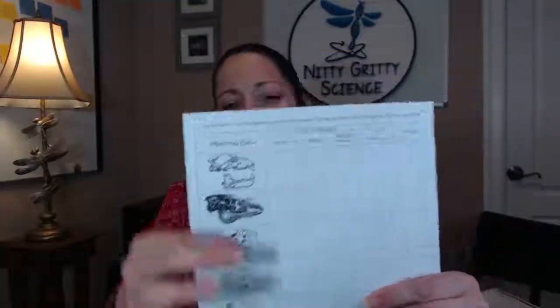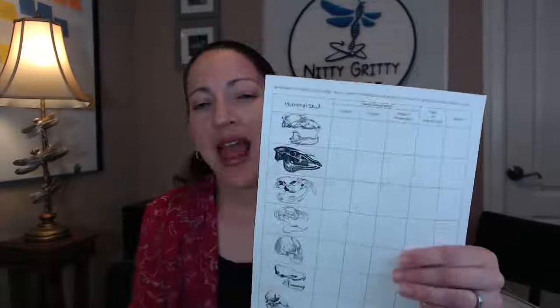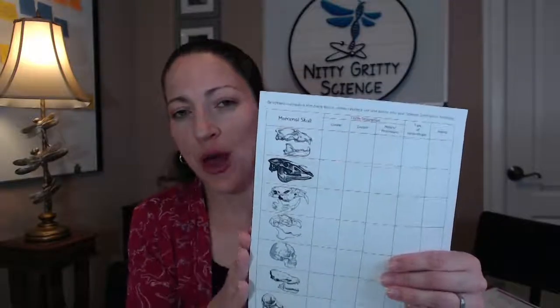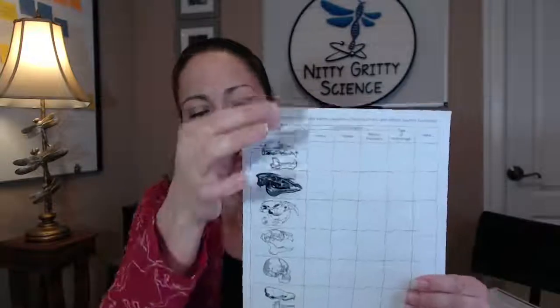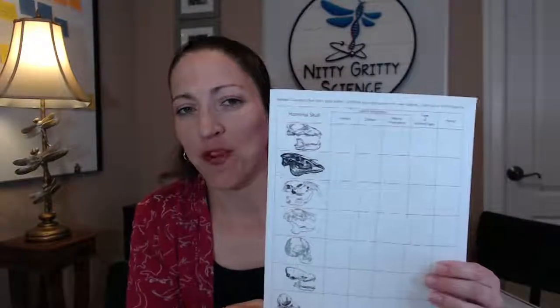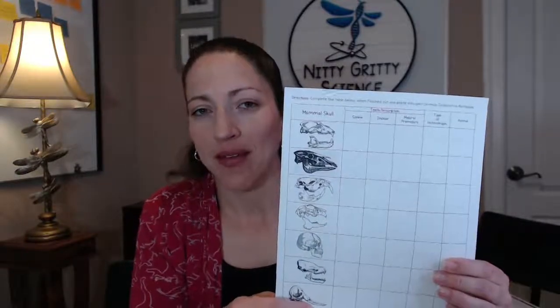We're going to apply them in the activity that I've put in the description for you, where we're going to be looking at skulls. I'm going to turn my page for you for a second so you can see. And we are going to be looking at all the different types of teeth in these skulls. And using what we know from the other page, we are going to determine if these skulls come from, what do you think?